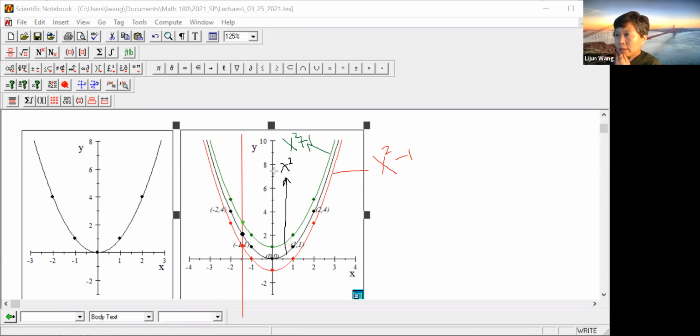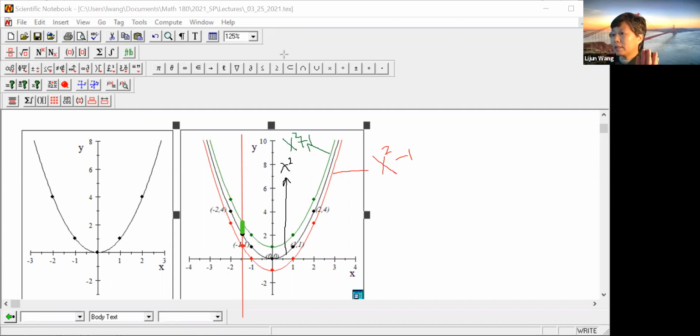So the distance, this is the plus 1. I should use the green, sorry. This is 1 unit shifting up, that's x squared plus 1.